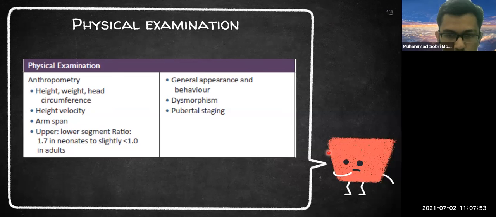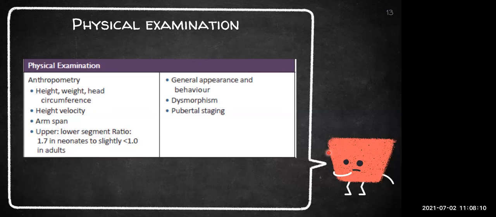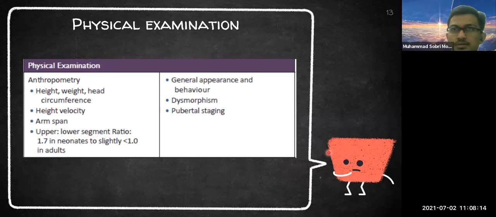So general appearance and behavior, and any features of dysmorphism, because in the etiologies that I mentioned before, some of the syndromes have specific dysmorphic features for each syndrome. Also pubertal staging of the patient, which has been explained in the previous seminar that we had before.